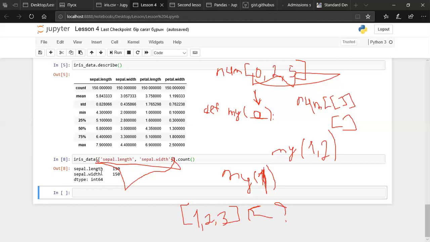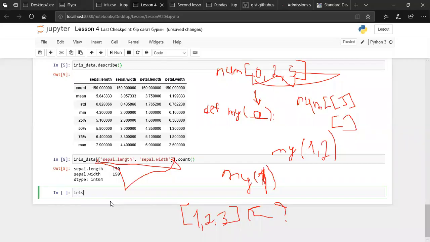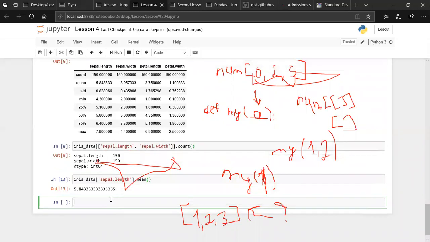Yes. So to find the mean of sepal lengths, can you just say iris data and mean?